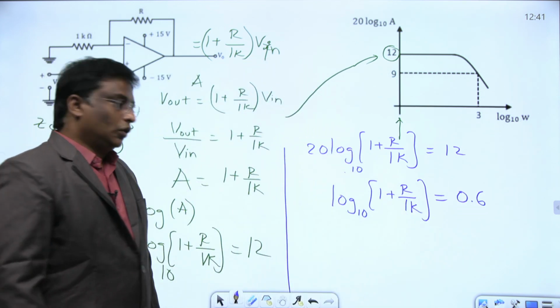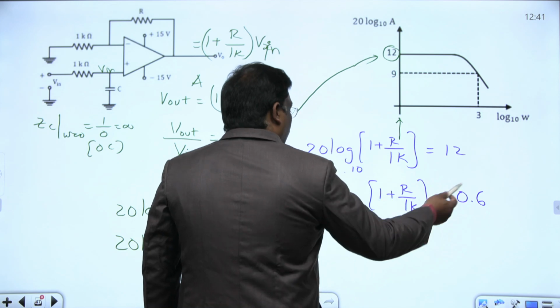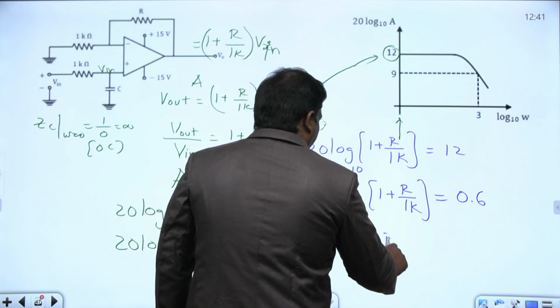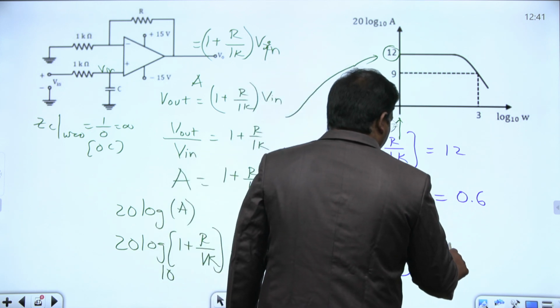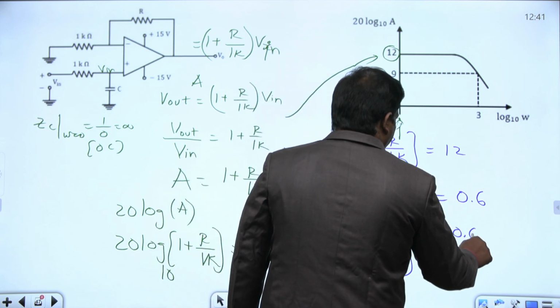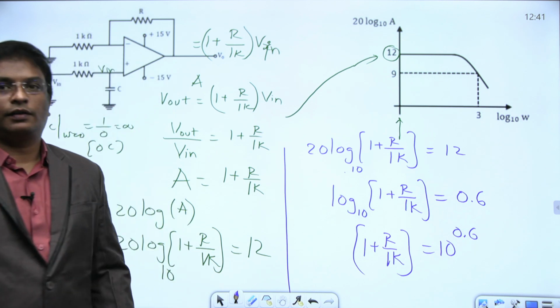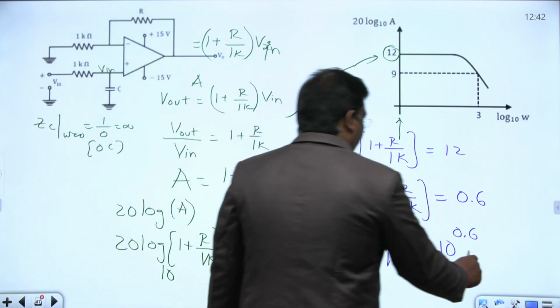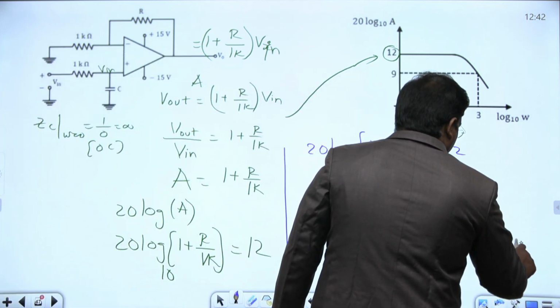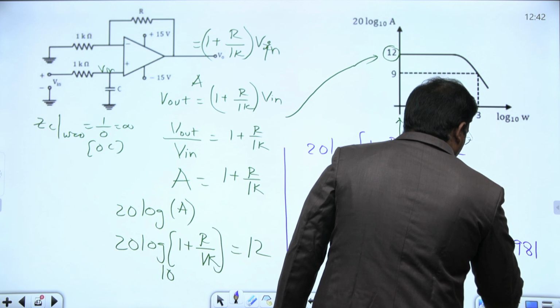When the log goes to that side, 1 plus R by 1k is nothing but 10 power 0.6. Take out your calculators, tell me what is the value of 10 power 0.6. It is 3.981. I can round off to 4.